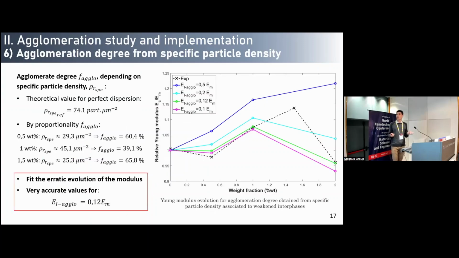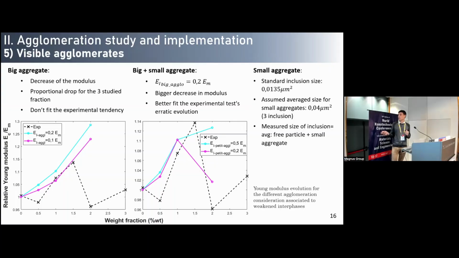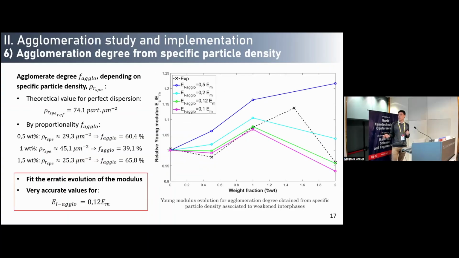So afterward, we prefer to use the specific particle density. With the standard inclusion size, we were able to determine the perfect particle density in the case where all the particles were perfectly dispersed. Using this theoretical density, we compare with the density obtained for each of our inclusions, and we extract an agglomeration factor, an agglomeration percentage.